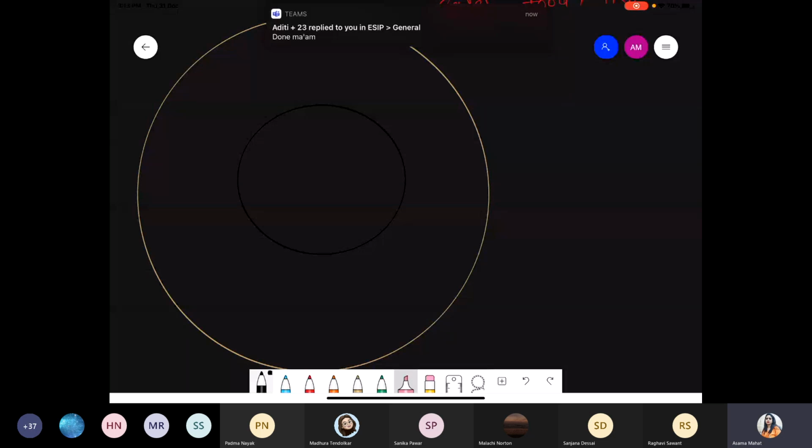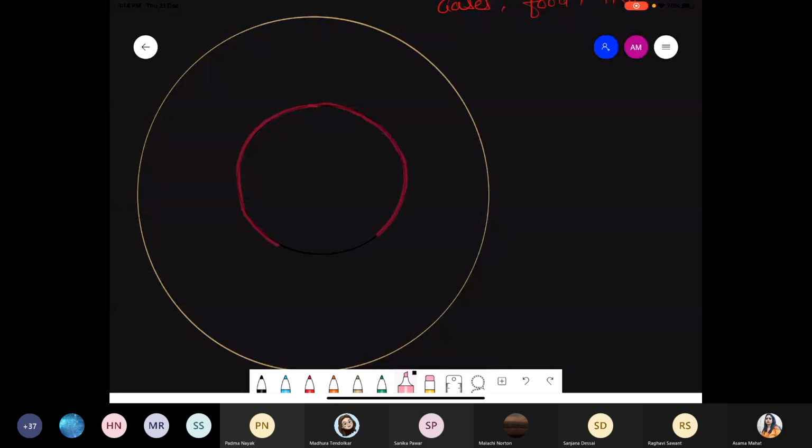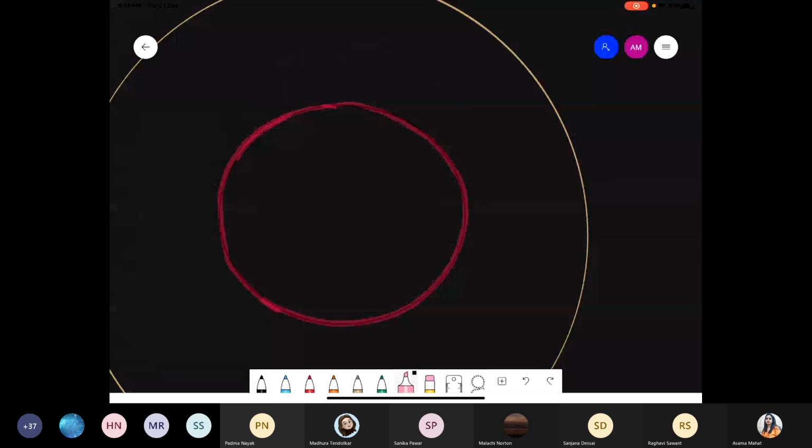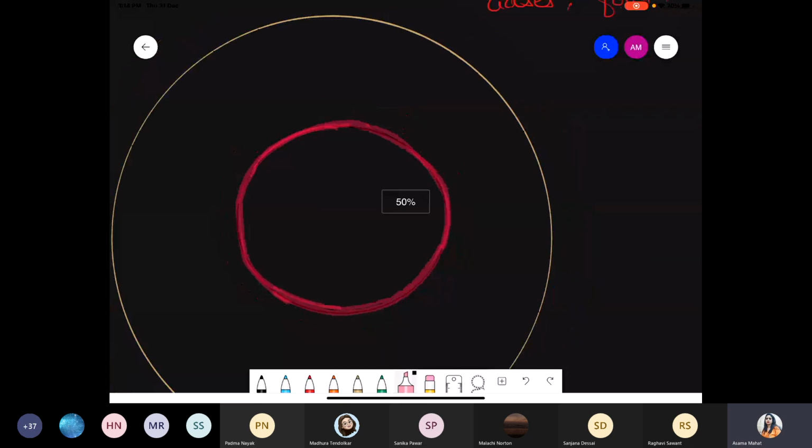So at the center, there is the presence of the vascular cambium, quite thick because it's cambium.